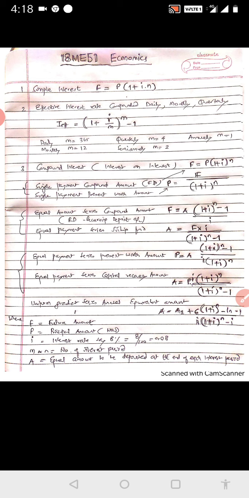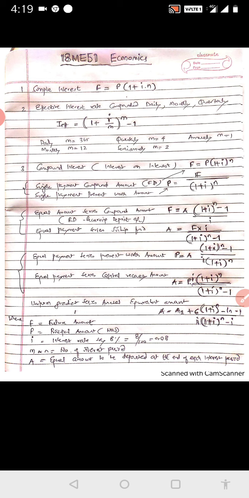There are LIC annuity funds and pension funds where the money is kept, and because that money is kept, every month they will give some pension for some N number of years. So this will be useful for calculating the amount you are going to get every month as a pension, that is the equal amount A, equal payment series sinking fund.